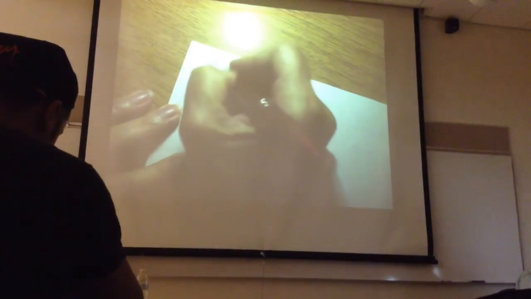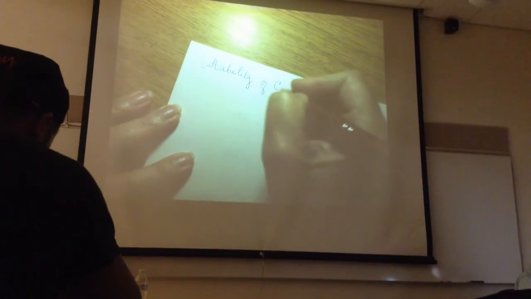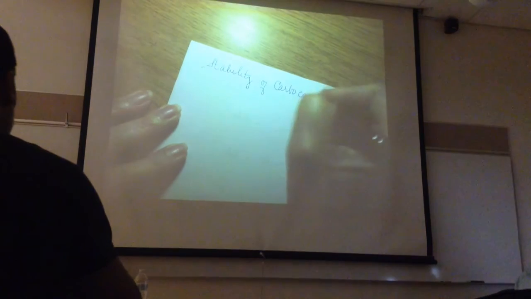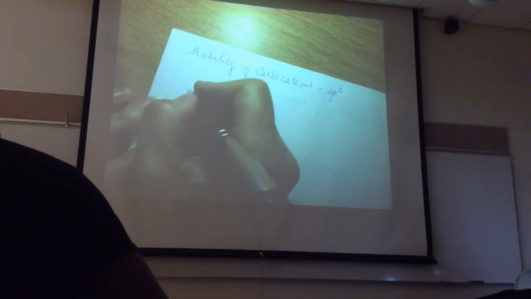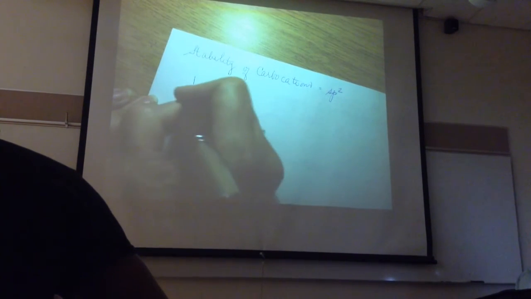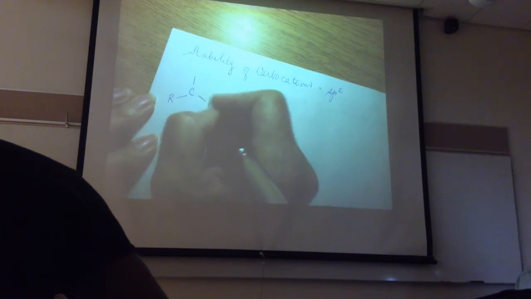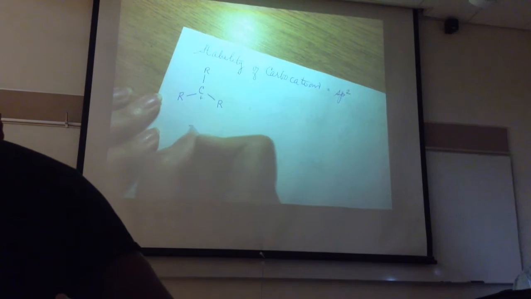So this is how I see the stability of carbocations. And again, I know that they are sp2 hybridized. So since I know that they are sp2 hybridized, I'm going to draw them like this. This is kind of like an sp2 way. And this is my tertiary.